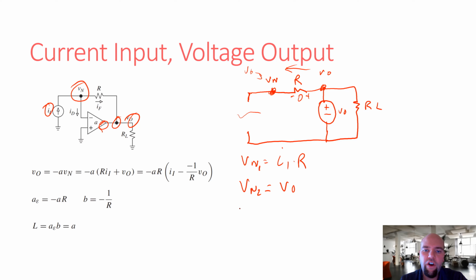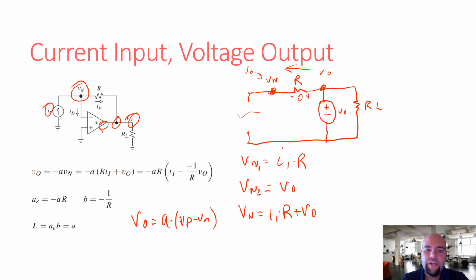Now we can find the overall Vn by just adding these together. So Vn is I input times R plus VO. Okay, why does that matter? Because we know that V out equals A, which is the open loop gain for the op amp itself, times Vp minus Vn, correct?